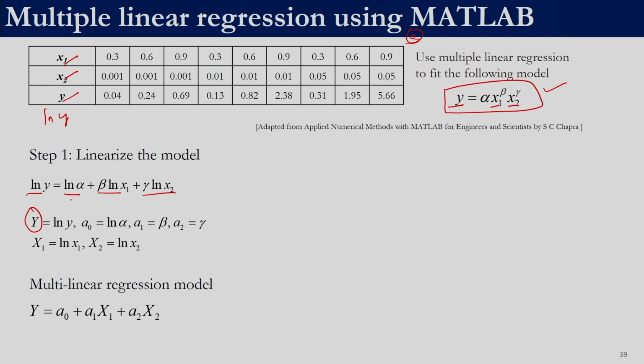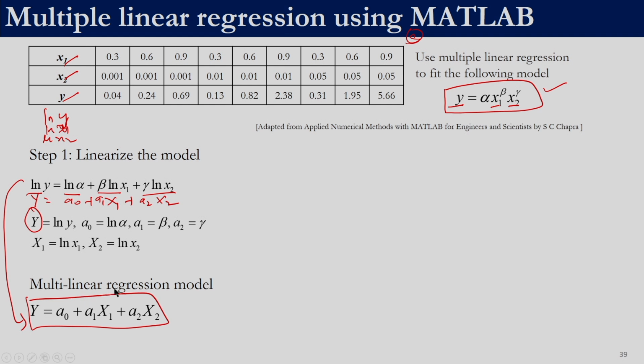And this one, if we see, this is a naught, right, plus a1 times ln x1, which can be calculated. So, we will call this capital X1, plus gamma, let us say that is a2, times capital X2, because we know this x2. So, we can calculate ln x1 and ln x2. So, once we have calculated that, this model becomes this one, right. Now this, if you see, is the typical linear regression model which we have discussed previously.